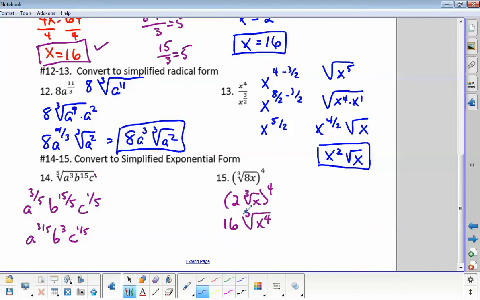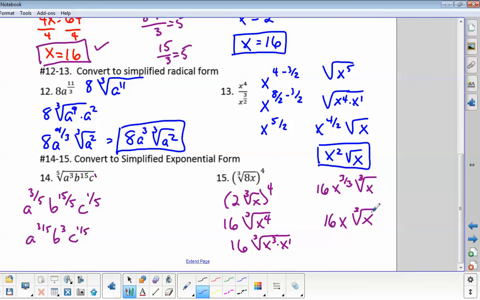Alright, so I can't divide 4 by 3, so I'm going to split this up. I have 16 cube root x to the 3 times x to the 1. And then this one comes out, so it's 16x to the 3 over 3. And the x to the 1 is still left underneath, and then simplify 3 over 3, so you have 16x cube root x.